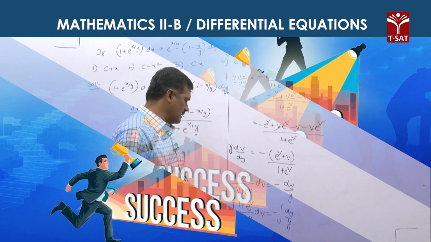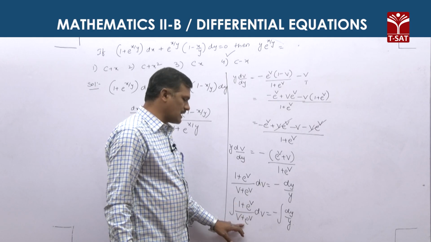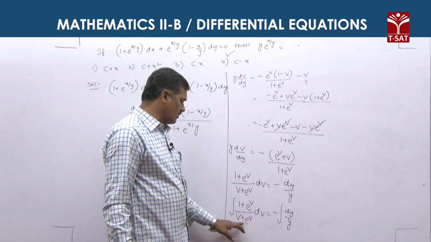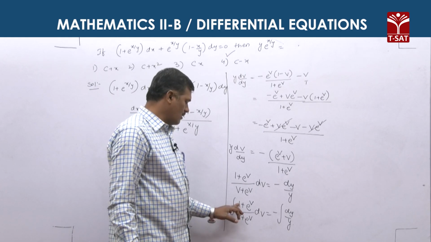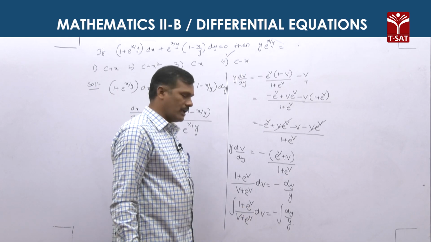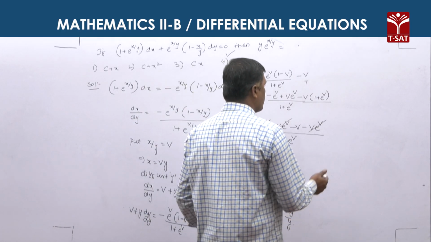See, think about the left side function, numerator and denominator. Here the denominator is f of v, f of v is equal to v plus e power v. Its derivative is the derivative of v, 1, plus the derivative of e power v, e power v. So f dash of v by f of v into dv is log f of v.